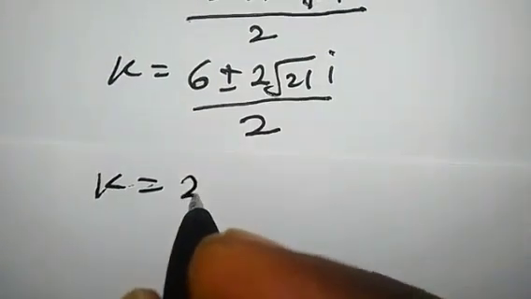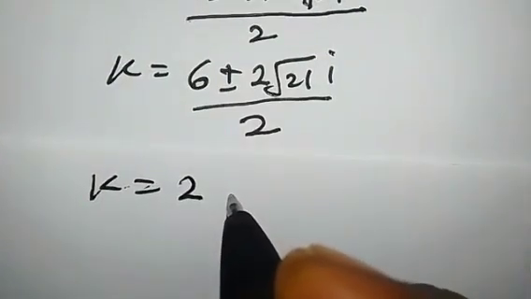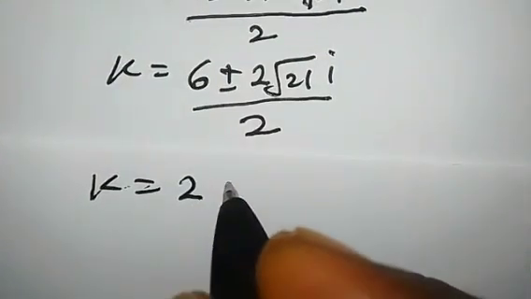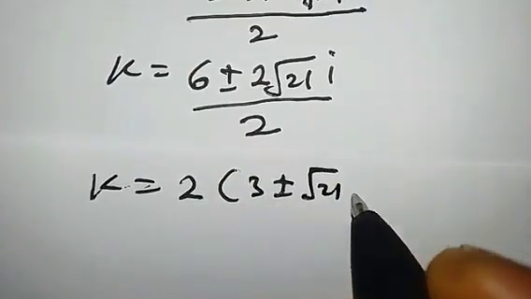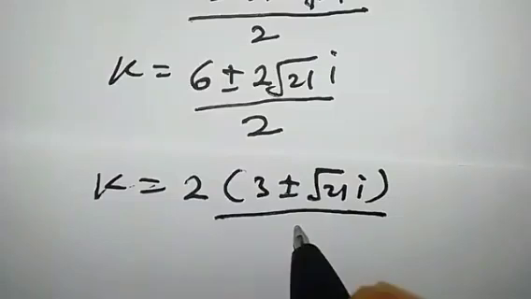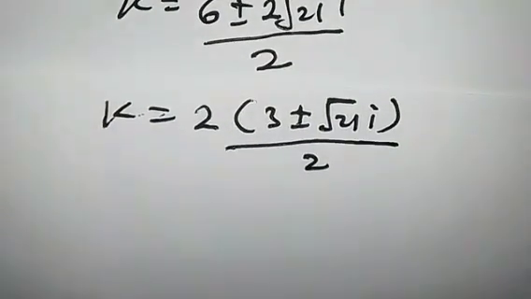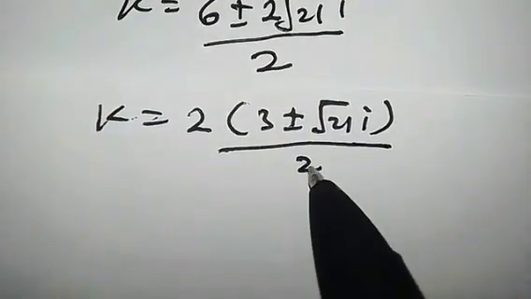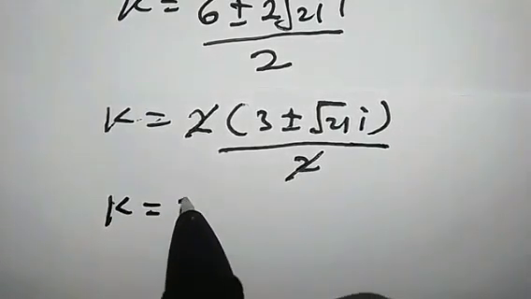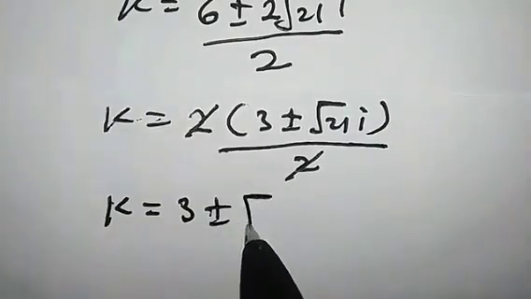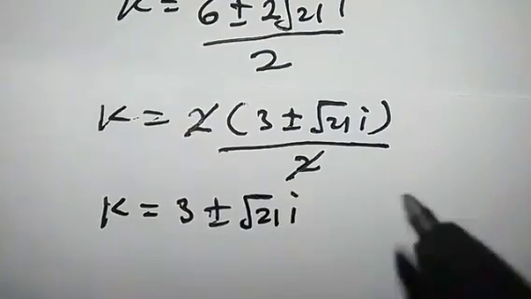Doing that, we simply have 2 into what? That is 3 plus or minus the square root of 21i, divided by 2. Clearly, 2 cancels 2. We have k equals 3 plus or minus the square root of 21i.